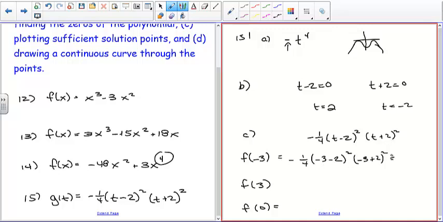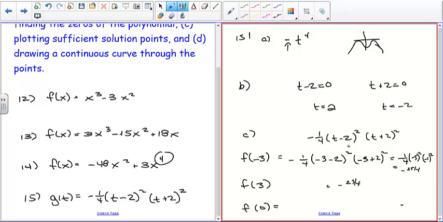So that's going to be -1/4 times (-5) squared times (-1) squared. -3 minus 2 is -5, and -3 plus 2 is -1. (-1) squared is 1, and (-5) squared is 25. So we end up with -25/4.